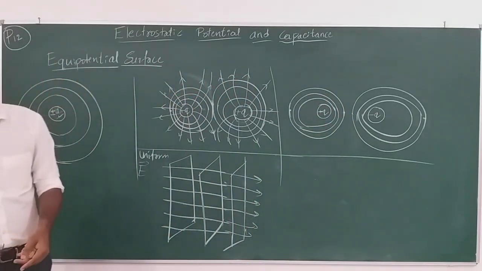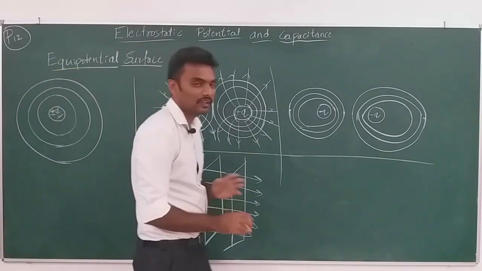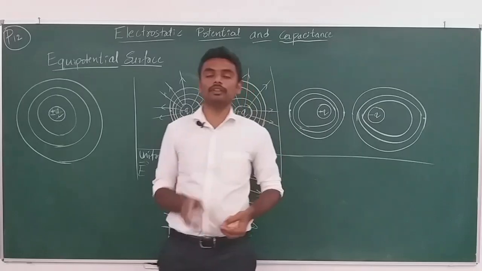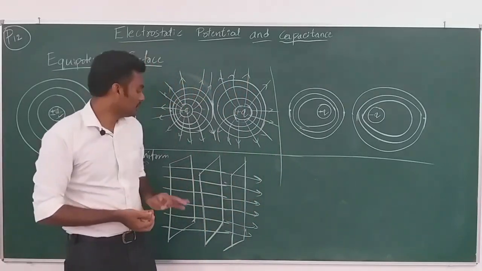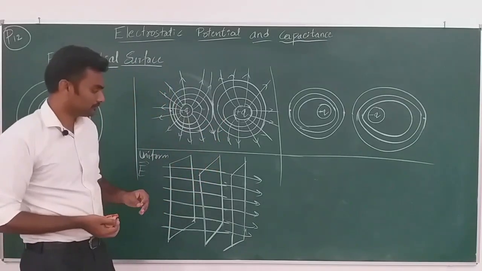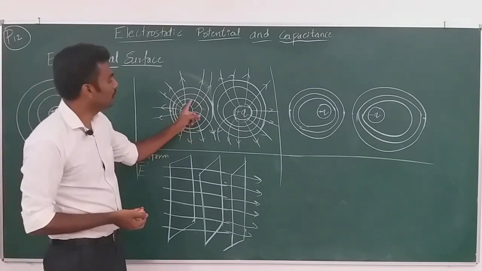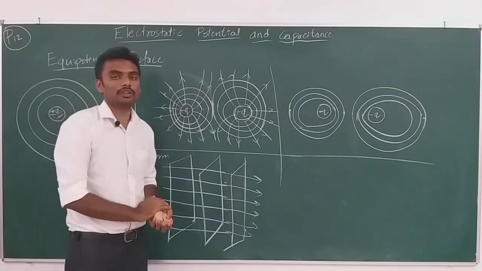You remember them. It's easy. The first, two equipotential surfaces never intersect each other. Second, electric field lines are always normal to the equipotential surfaces. And the third, no work has to be done in order to move a charge on the equipotential surface.